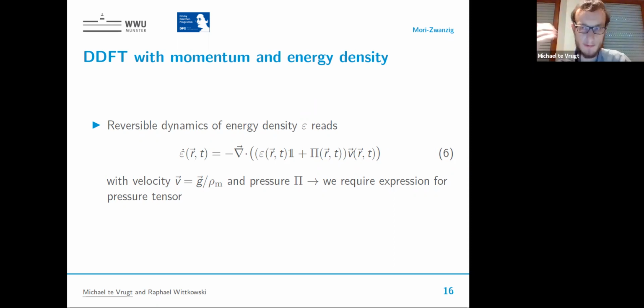So it is known from standard hydrodynamics, and it also comes out of this derivation, that the energy density obeys this transport equation here. And it contains in particular this pressure tensor here. And so our dynamics is not incompressible, so the pressure is not just like a Lagrange multiplier. We actually need an expression for the pressure in terms of the density. And the challenge is then to get this expression for the pressure from DFT or DDFT.